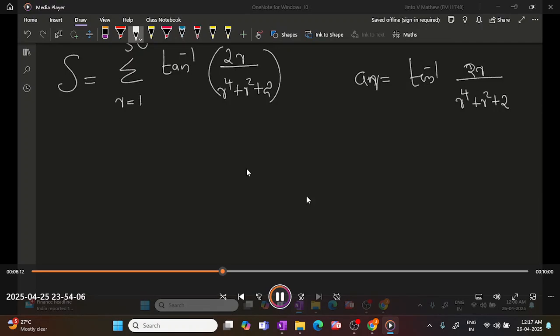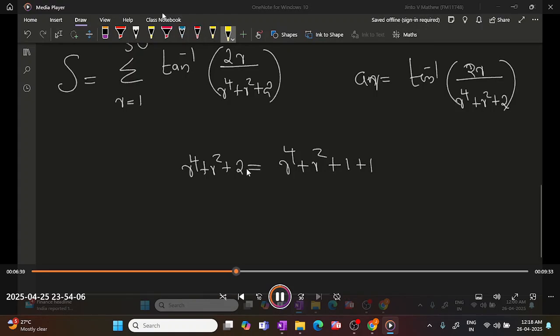Let us see. So I am going to express this as f of r plus 1 minus f of r. So we know that r raised to 4 plus r square plus 2 can be written as r power 4 plus r square plus, this 2 I'll write as 1 plus 1, and we studied that already. x power 4 plus x square plus 1 can be written as x square minus x plus 1 into x square plus x plus 1.